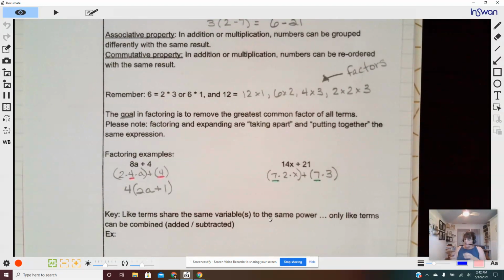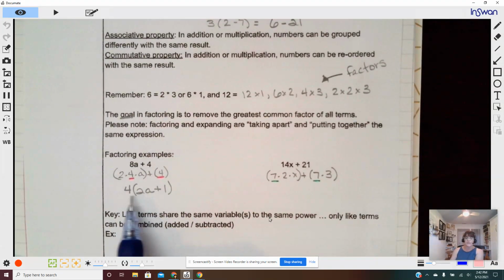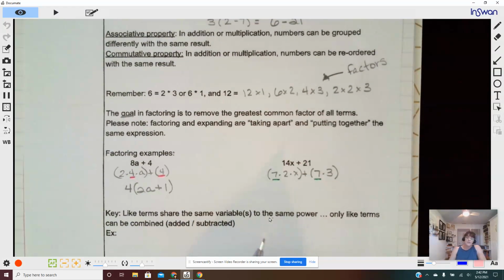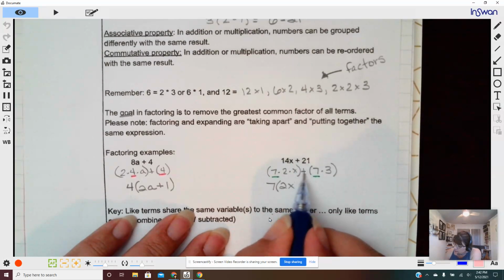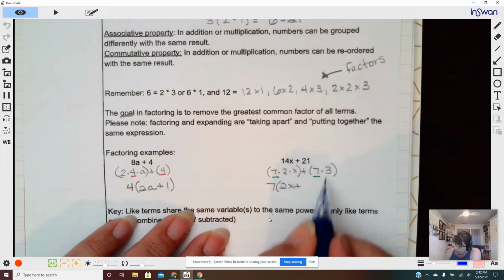I'm not taking it away from the expression. Notice the 7 still stayed with the expression. It just got separated, and later we're going to learn how we can then deal with those separately. So 7, and then I'm left with 2x plus, and there was a 3 here.